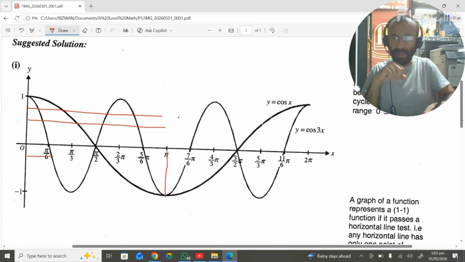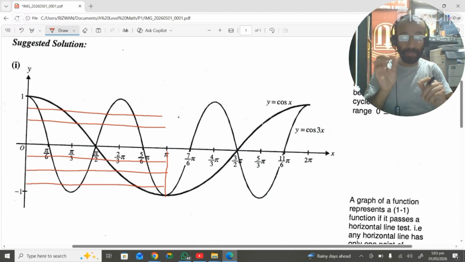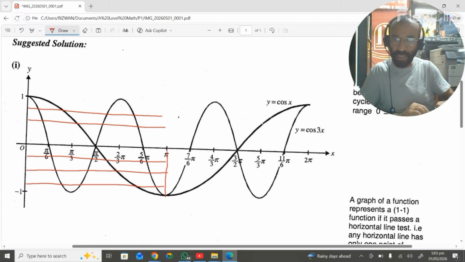You can see anywhere you can draw the horizontal line, every value of y will have only one corresponding value of x. But if we proceed from this pi onward, then at least one value of y will have two corresponding values of x.